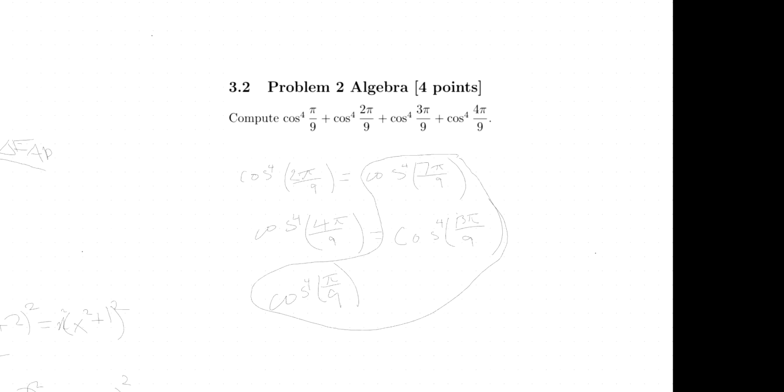And we notice that cosine pi over 9, cosine 7 pi over 9, and cosine 13 pi over 9 all satisfy this equation.